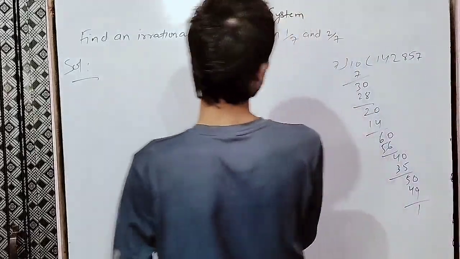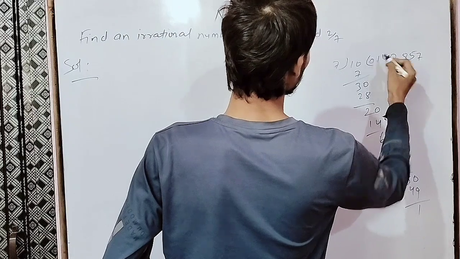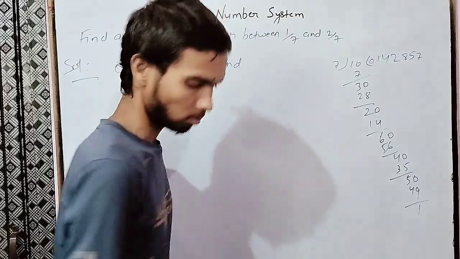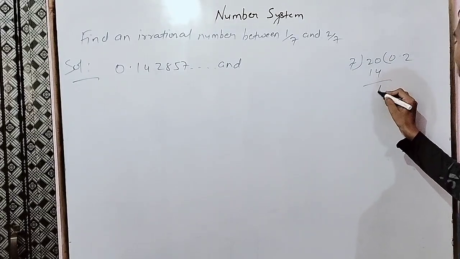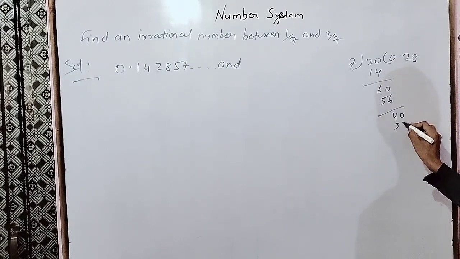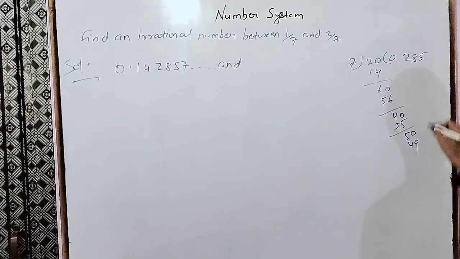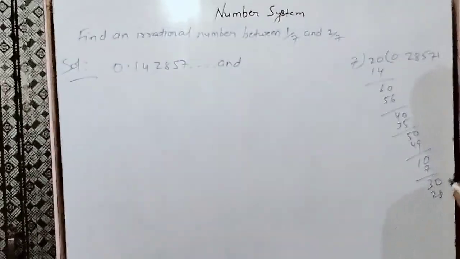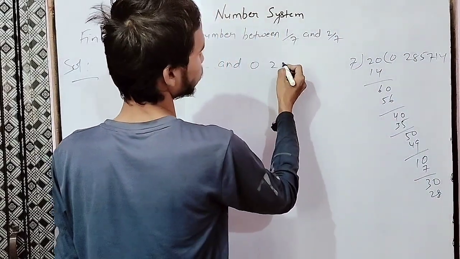Zero point 142857 like that. Seven two, 0.285714.